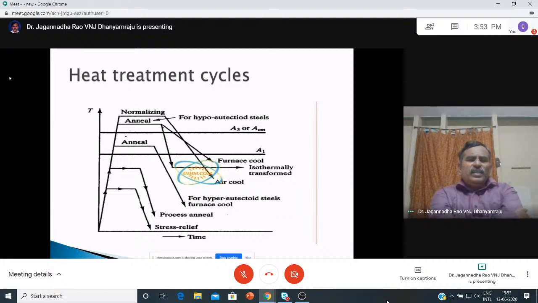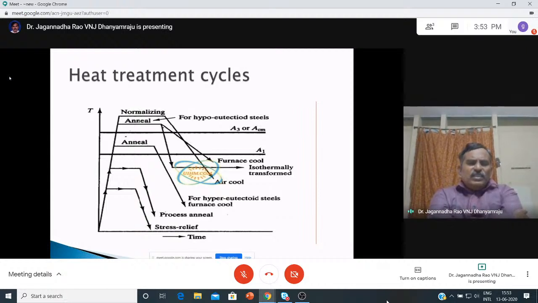Here the soaking temperature or annealing temperature is very high, that is above the A3 or ACM line. What are these 2 lines? Let us see later. That means for hypoeutectoid steels, the soaking temperature is high as compared to that of hypereutectoid steels.